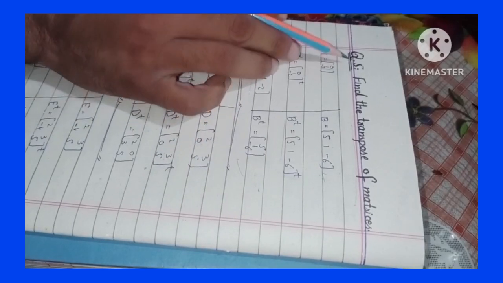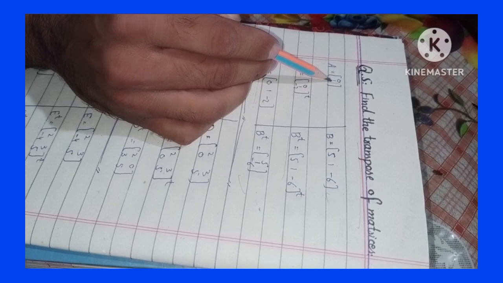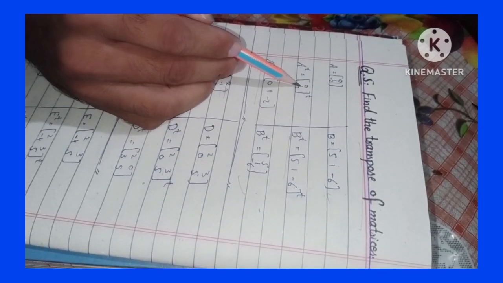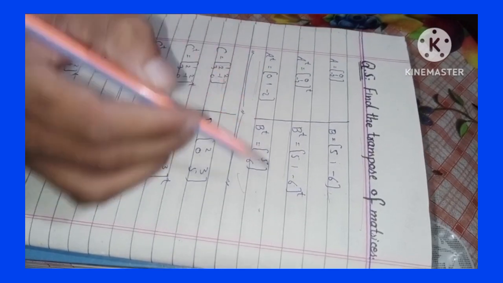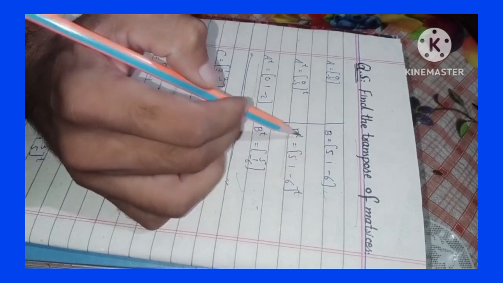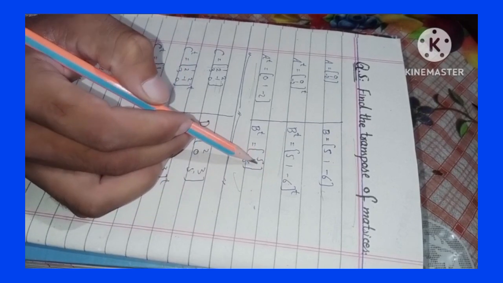The first matrix A is 0, 1, minus 2, only one column. We take a transpose, change into a row: 0, 1, minus 2. Similarly, matrix B is 5, 1, minus 6. We take a transpose, only one row, change into a column.